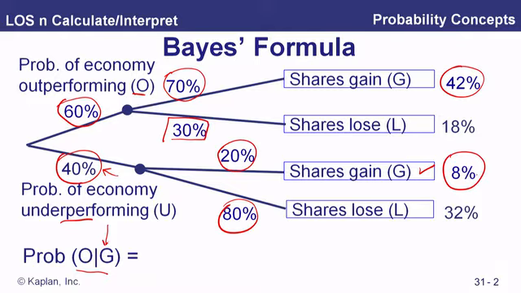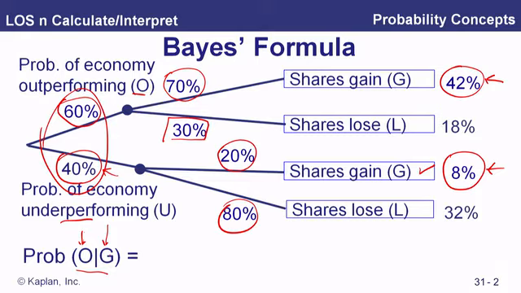What would that tell you about these probabilities? And sometimes we call this the updated probability, given the information that shares have gained. So we're looking for the probability of outperformance given that we've had gains. Well, there's a formula you can memorize, and I find it hard to remember, but it's real straightforward to do this calculation on the tree here.